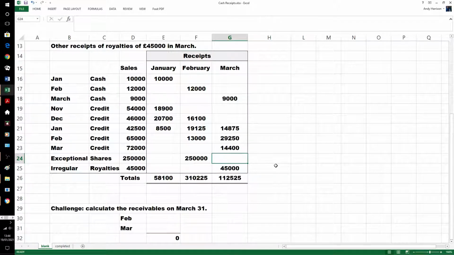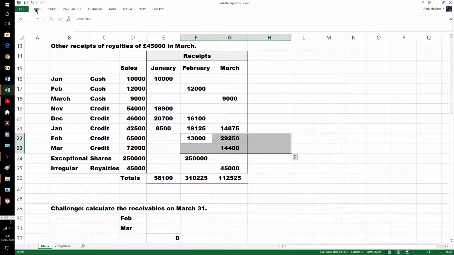So our challenge question then, receivables on March the 31st. Well, I'm on a spreadsheet, I can cheat a little bit, can't I? We knew that January's all came in, so it's actually only money from February and March that hasn't come in.